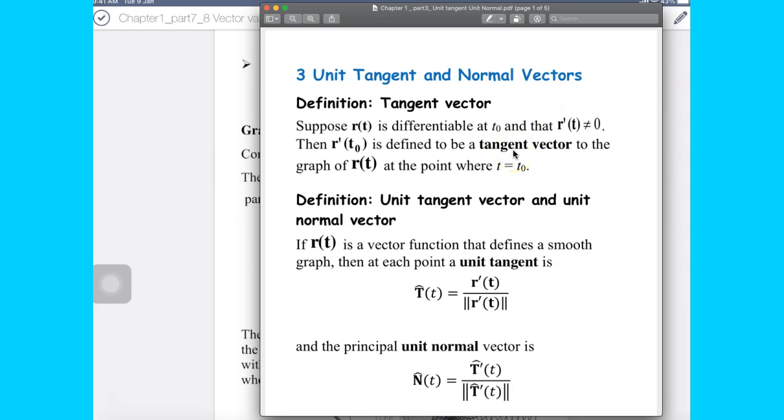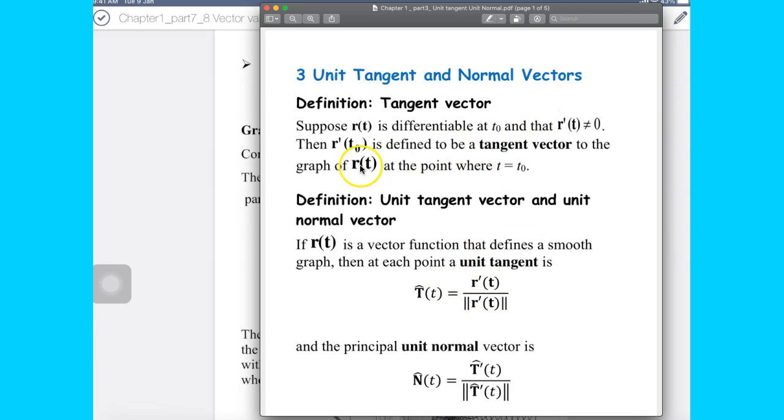Hopefully you still remember that. Unit tangent vector means that if you are given a vector function of a curve, on 2D or on 3D, you can determine the tangent vector.